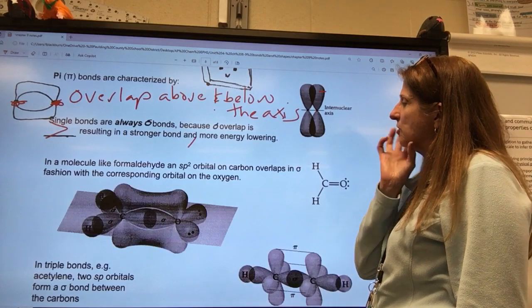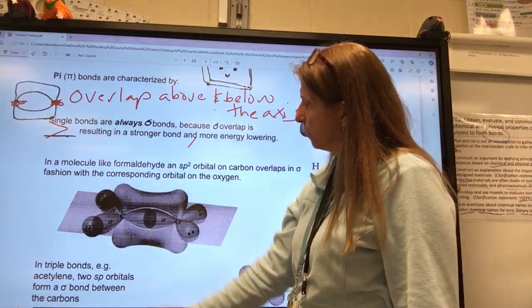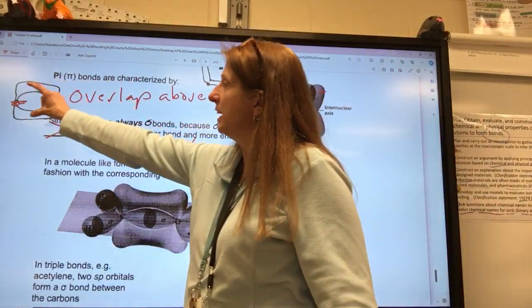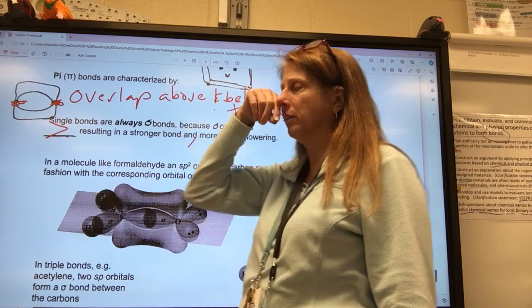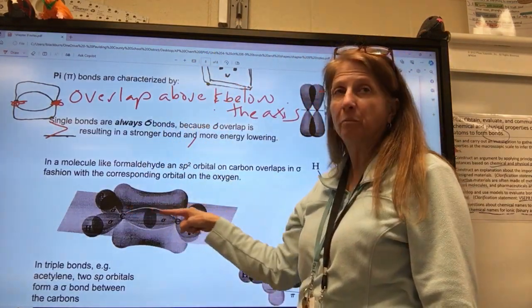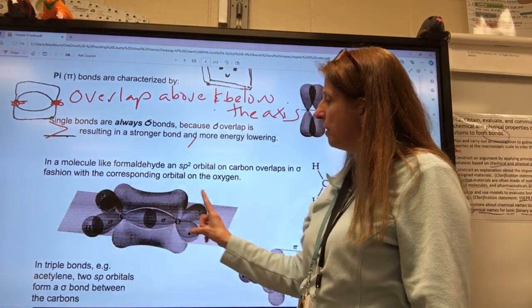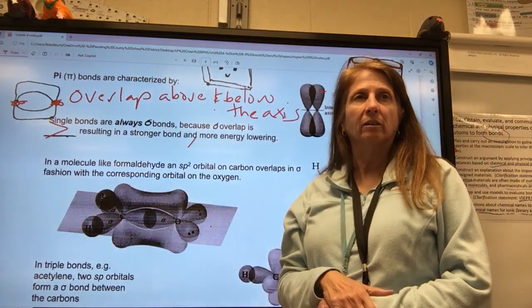With double bonds, you can get these pi bonds. So this is an example of a pi bond. This, even though it's on top and on bottom, is one bond. It is not a double bond. For it to be a double bond, you have a sigma bond in the middle and then a pi bond on top and on bottom. And that is a double bond.